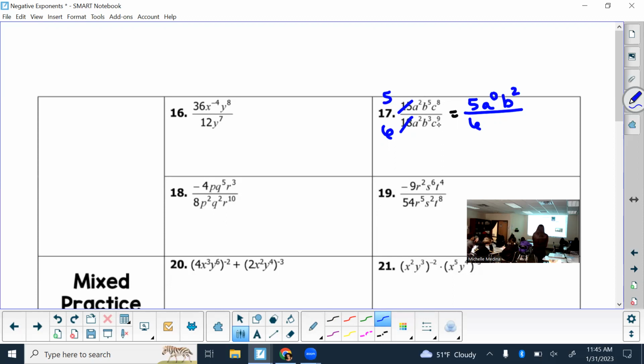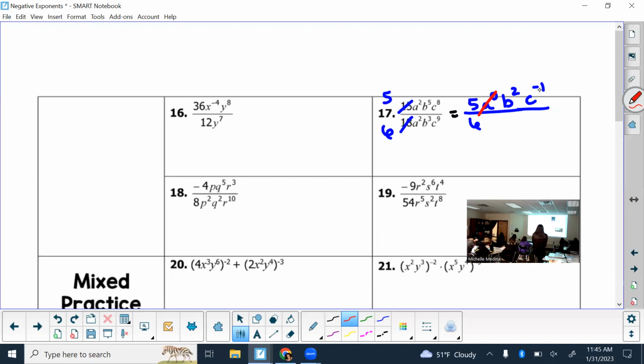All right, b squared, yes, 5 minus 3 is 2. And then c to the 8 minus 9, which is negative 1. So anything to the 0 power is what? One, so that really just cancels out, because 1 times anything cancels out.